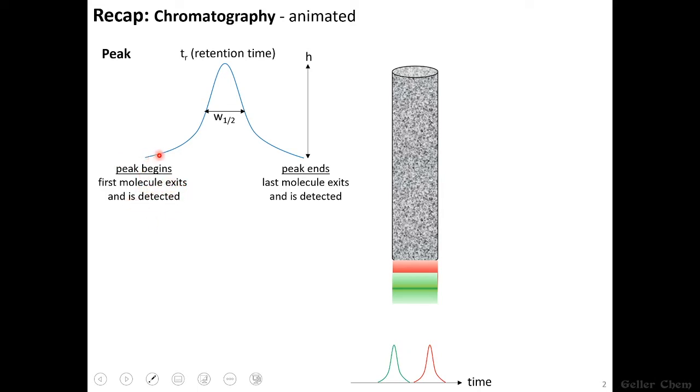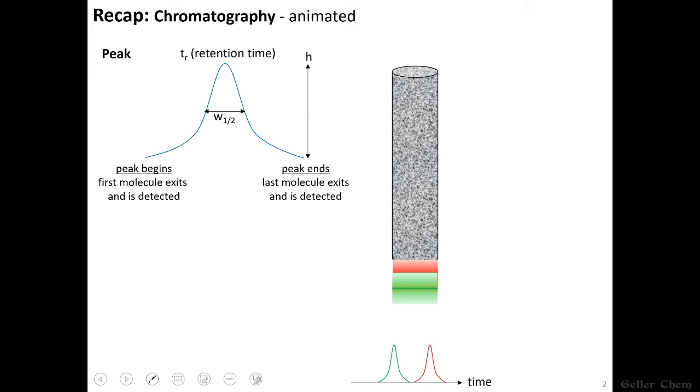And then more follow, and then more and more and more until we reach some maximum where we're getting more of those particles coming out the column than at any other time. Then the peak starts to decrease because fewer and fewer particles are making it out, and when the peak ends, that represents the last molecule exiting and being detected of that chemical species.